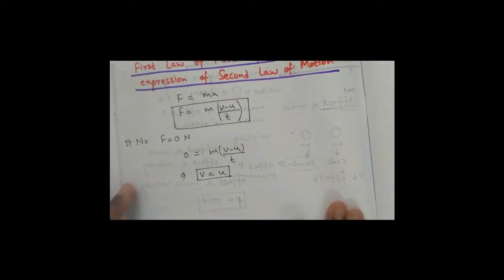Now if the object is at rest, then the initial velocity will be 0, and the final velocity will be what? Since v equals u, v will also be equal to 0.